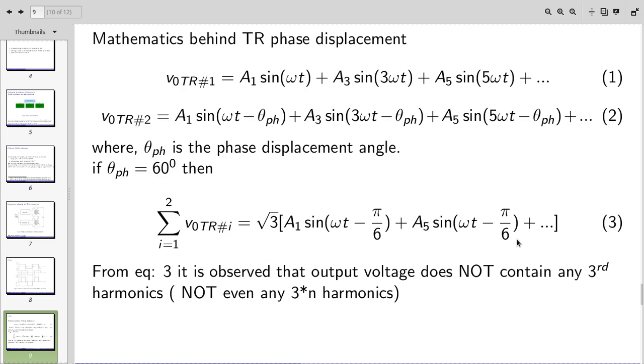If you elaborate this equation, you will find that not only is the third harmonic not present, but any n triplen harmonics will not be present in the output. That means in the transformer connection in the aforesaid diagram, if the phase delay is 60 electrical degrees, then there is no chance of having third harmonics and n triplen harmonics in our output voltage.